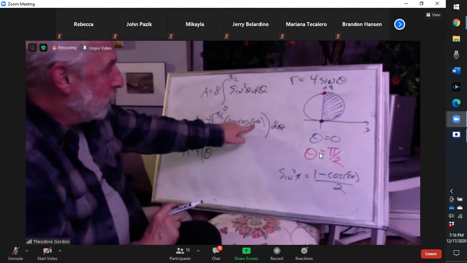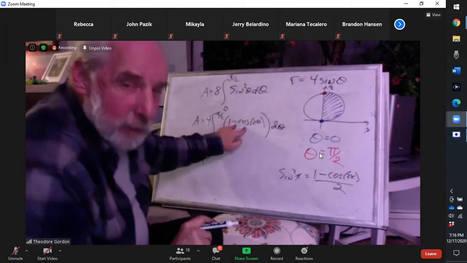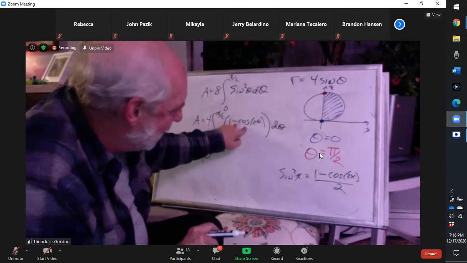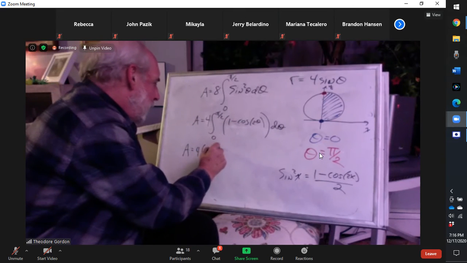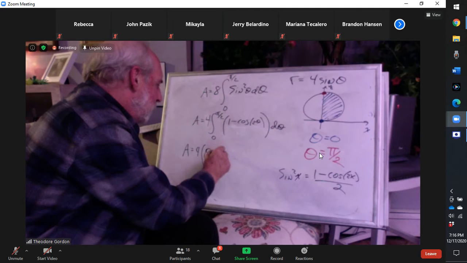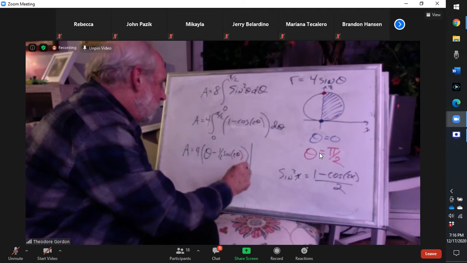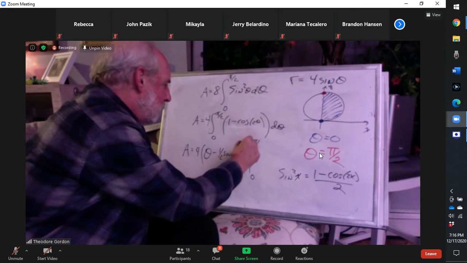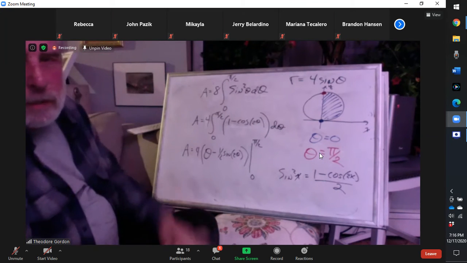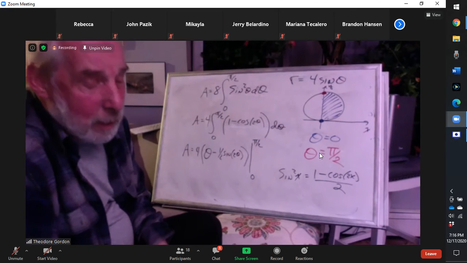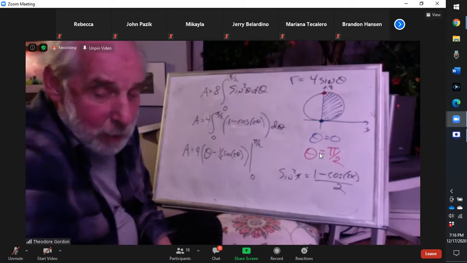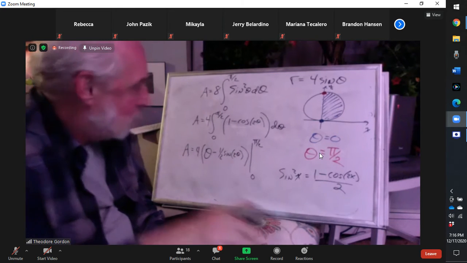We have a little u sub here. The integral of negative cosine is negative sine. So we get negative 1/2 sine of 2 theta. And we're going from 0 to pi over 2. And other than doing the arithmetic, this problem's pretty much done.